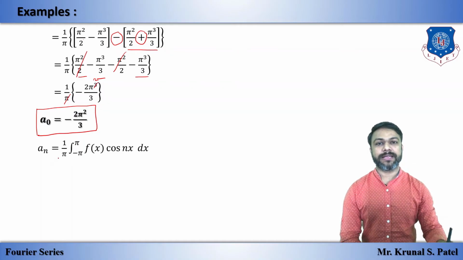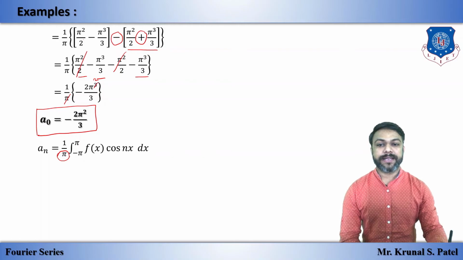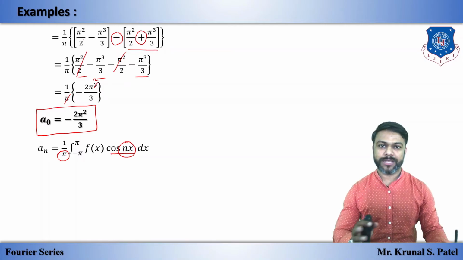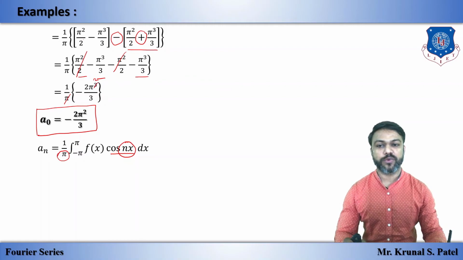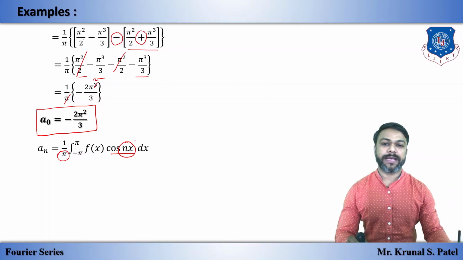Now we start with an, 1 by pi because l is pi. Integration minus pi to pi f of x cos nx, because we have the angle nx. So you have to keep 2 to 3 points in your mind: always put l whatever we found before starting the example, and the angle as we found at the start of the example.